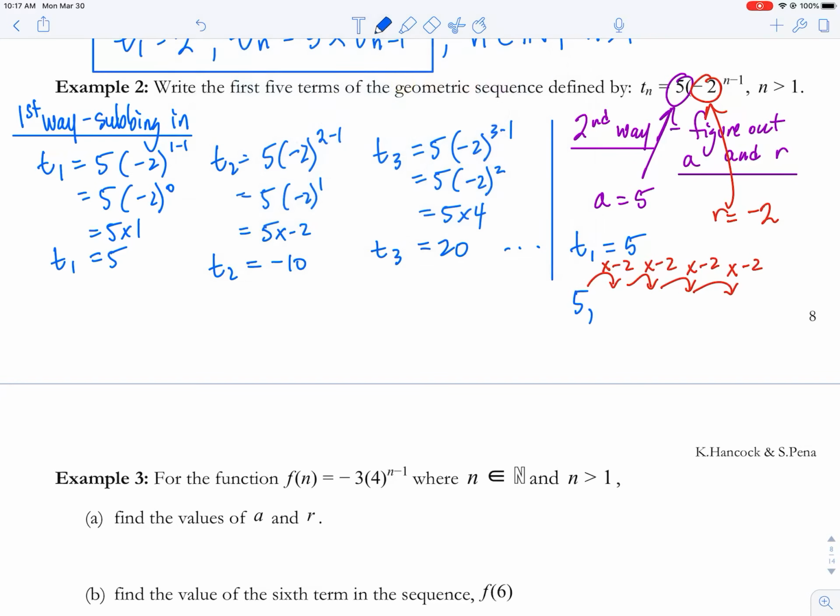And if I were to write that out, 5 times minus 2 is minus 10. Hey, that's what we got before, so that's good. And then times minus 2 again gives me plus 20. Then I'd get minus 40 and plus 80. So whichever way you do it, I find the second way faster, but the first way is always going to work for you.